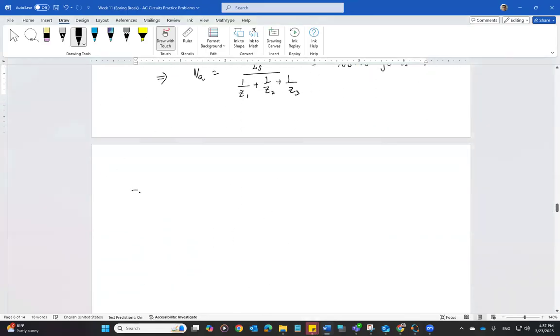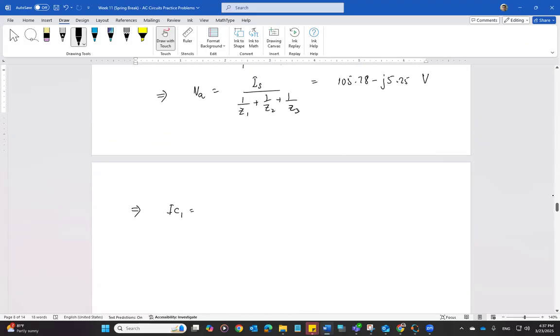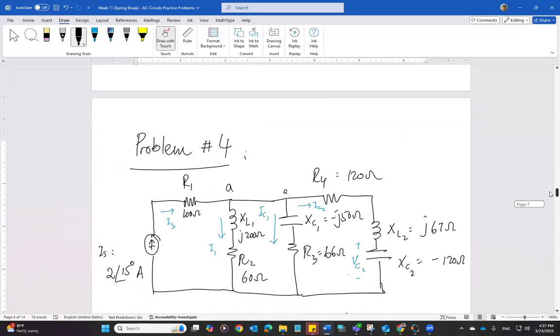So IC1 is VA over Z2. That's our Z2, XC1 and R3. And VC2, using voltage division, is VA times XC2 divided by the series combination, which is Z3.